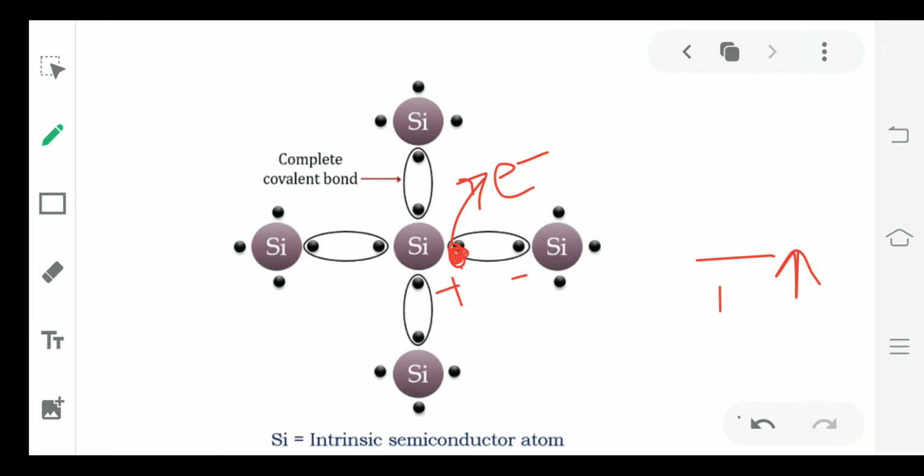Now it attracts a negative charge, so an electron jumps out and fits in this vacant place, and a vacancy is created at another place. To fill this hole, another electron will be attracted, and a vacancy is created at another place. So this is the way conduction takes place with the help of electrons and holes both, by increasing the temperature. This is the property of semiconductors.